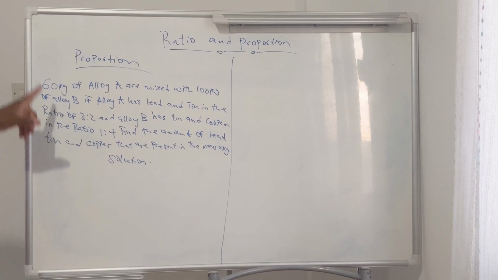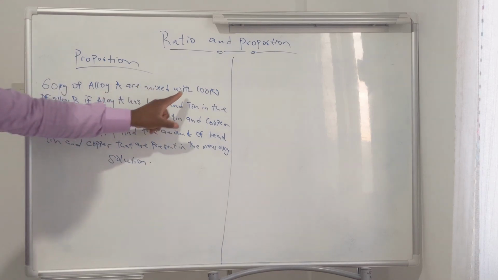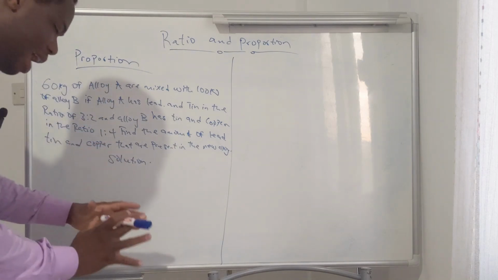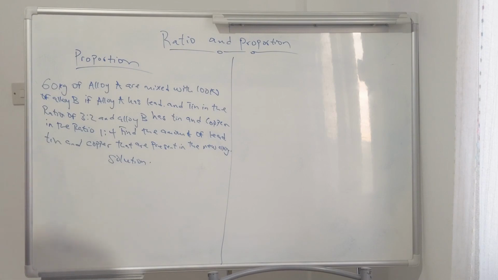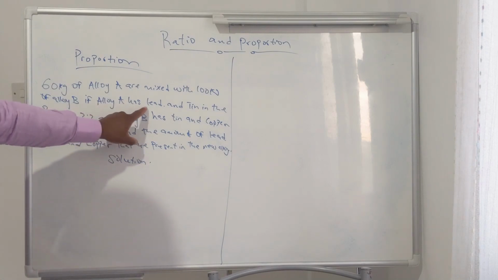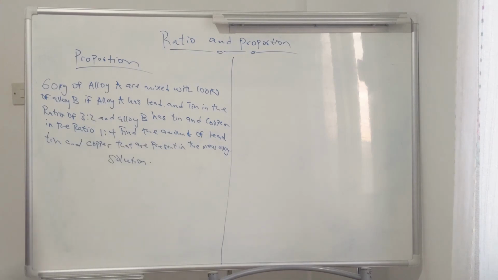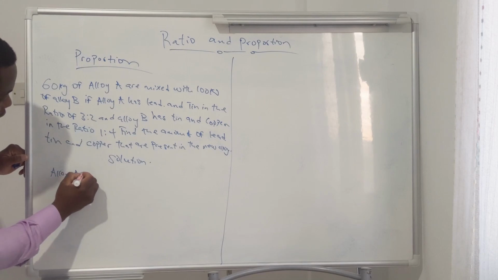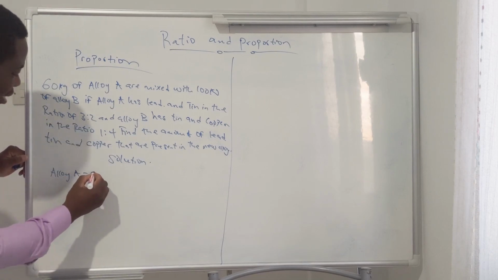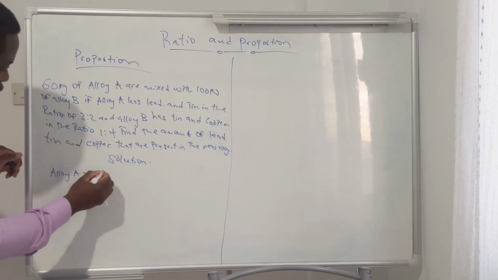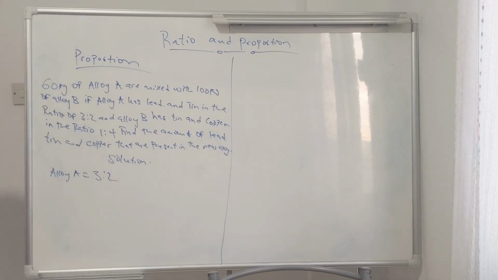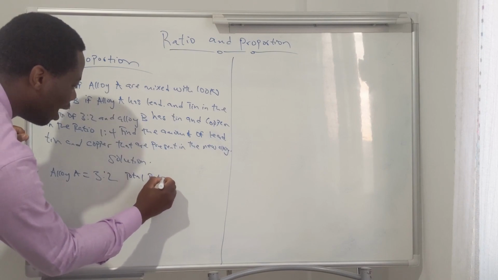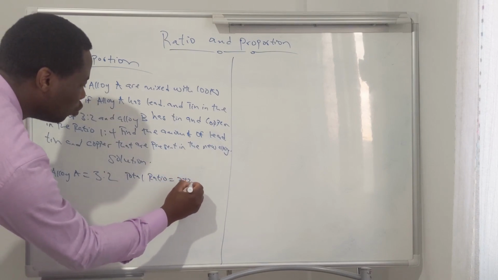The first one says 60 kg of alloy A is mixed with 100 kg of alloy B. If alloy A has lead and tin, so for alloy A, the ratio of the components is 3:2, which means that the total ratio for alloy A is 3 plus 2, which is equal to 5.